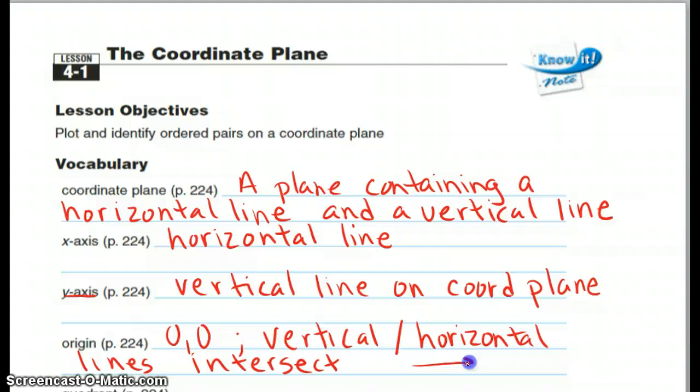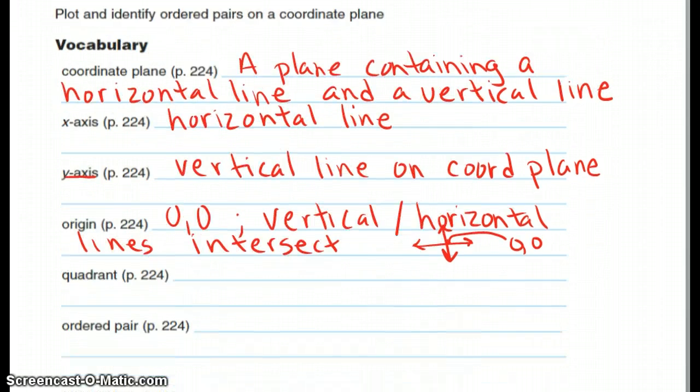Of course, this would be our horizontal line. Here's our vertical line, and origin is at 0, 0. Of course, origin means a starting point for anything. So anytime we are going to plot an ordered pair on the coordinate plane, we will begin at 0, 0.